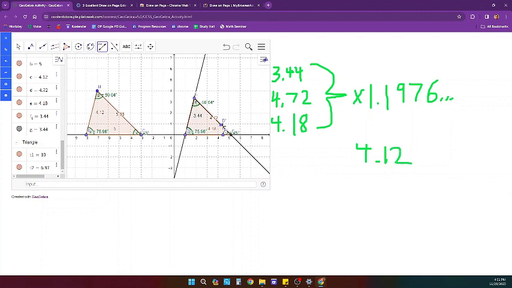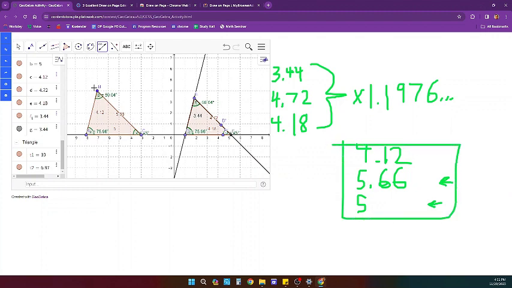Our new EF should be equal to 5.66. And our new DF should be equal to 5. You're going to probably need some rounding for this one. That being said, this completes your part E. Just record the new side lengths for our new modified DEF and our ABC.